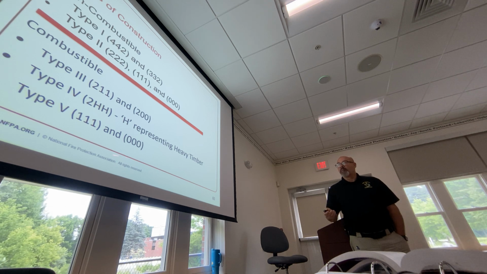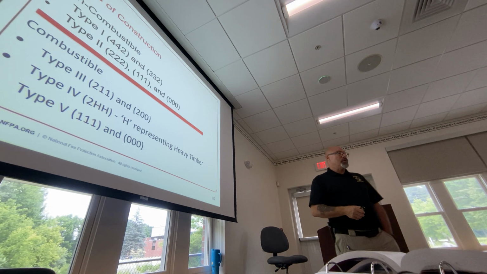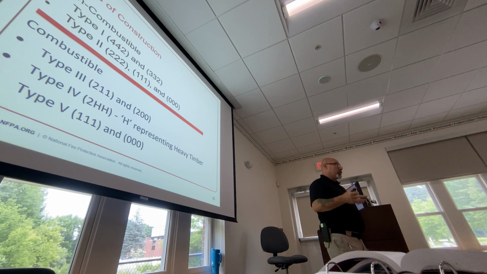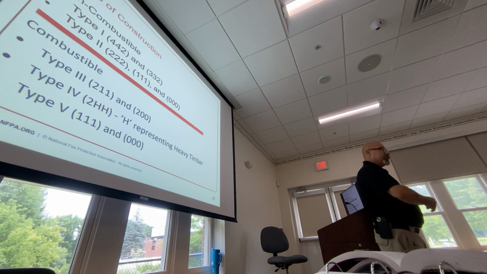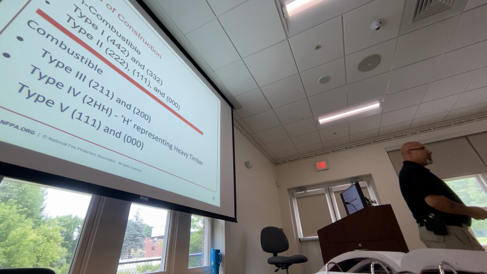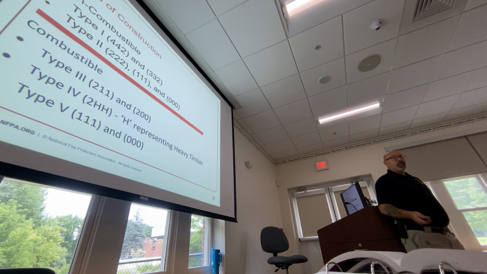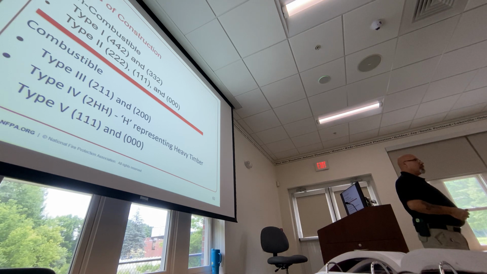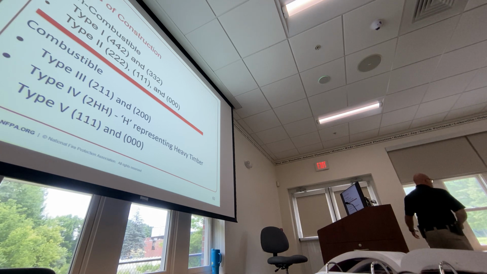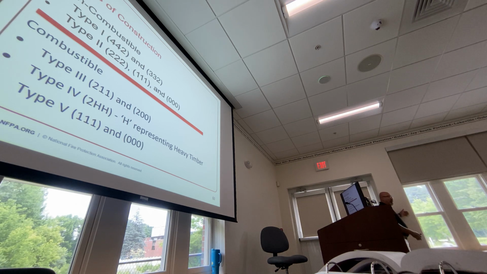And then we have type 5. That's your general everyday stick-built wood frame building. Your house is a type 5, 000 construction. What makes it a 111 construction is 5/8 sheetrock. Most of the time, when you build a house, you're not using 5/8 fire code sheetrock. You're saving money.